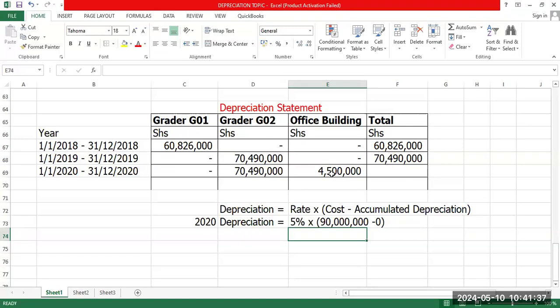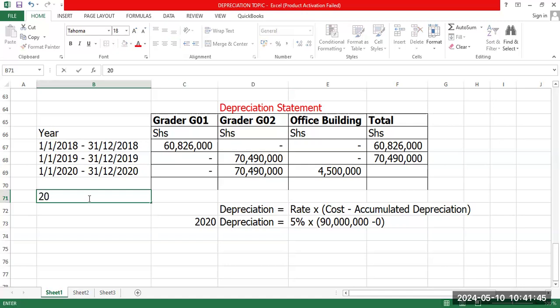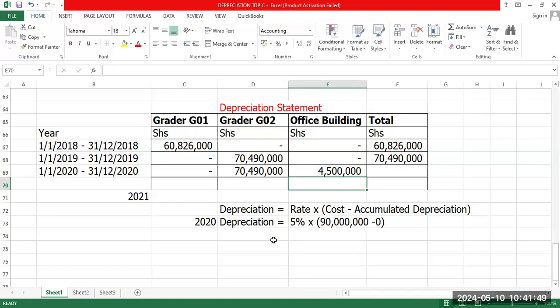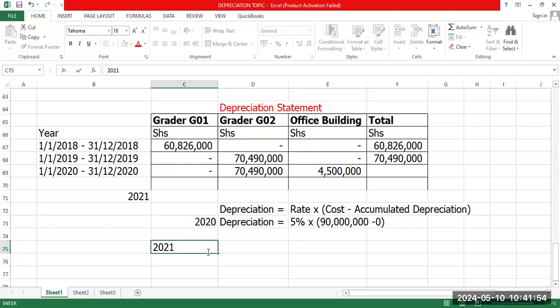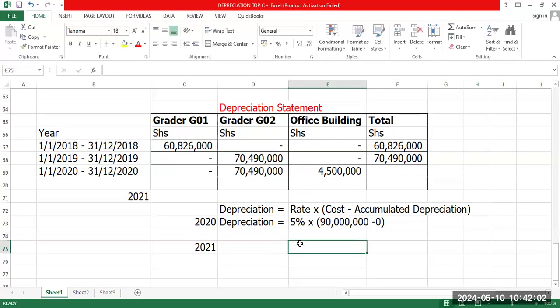It's clear. Again, please. But what if we are going to look for, let's say, depreciation of 2021 for the building here? For 2021, depreciation would be this percent, 5% times the 90.